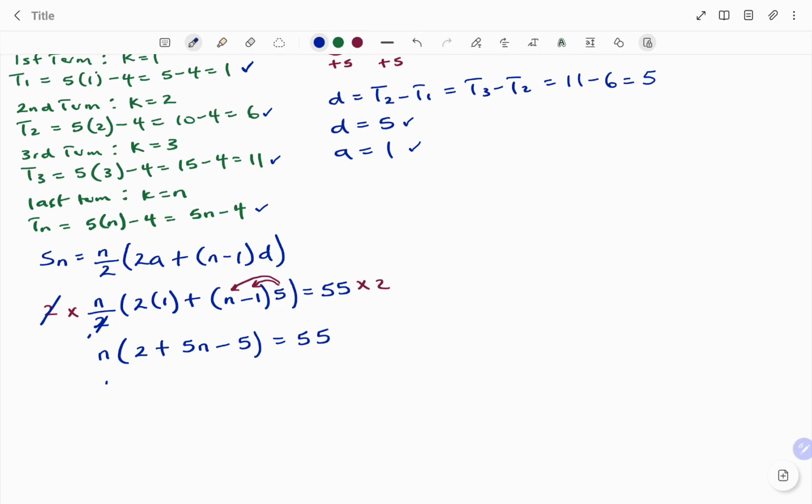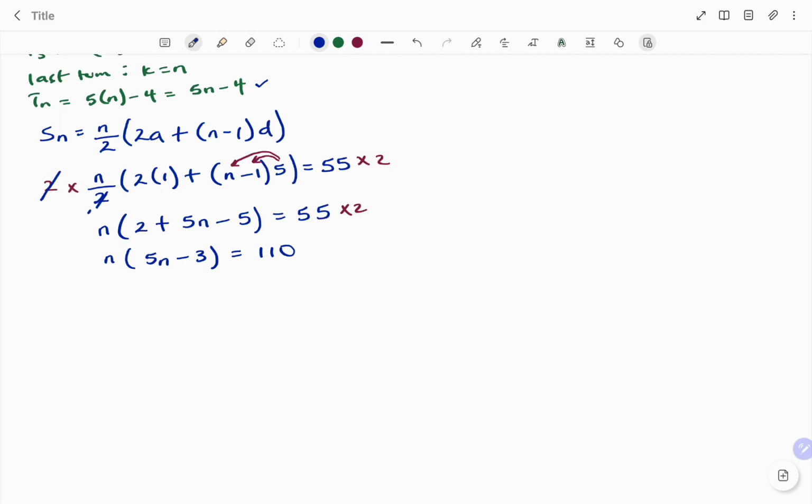Simplifying further, we have 5n plus 2 minus 5, that's minus 3, equals 55 times 2. I forgot to include my times 2 here, so I'm going to change what I have here. 55 times 2 is 110.